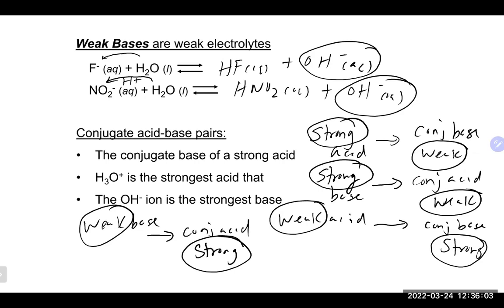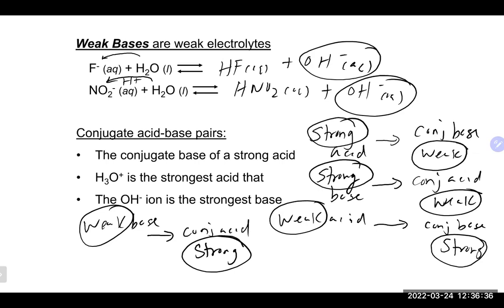What that means is those that are weak will not continue on and react with water. So they won't go through what is referred to as a hydrolysis reaction, which is reacting with water. If something is considered a strong conjugate acid or strong conjugate base, what it typically means in a lot of cases is it will actually continue to react with the water in the solution, and it will affect the overall pH of that solution because it's reacting with water.